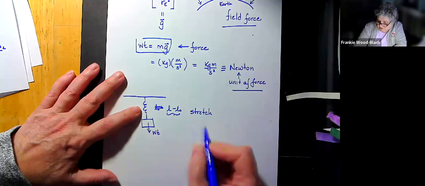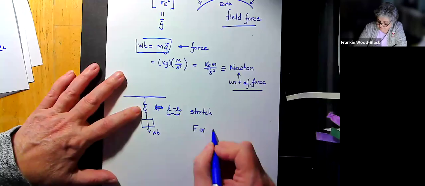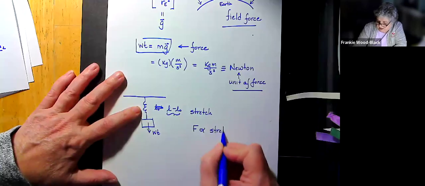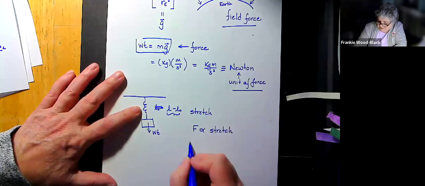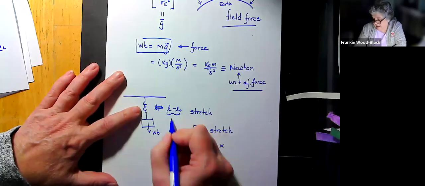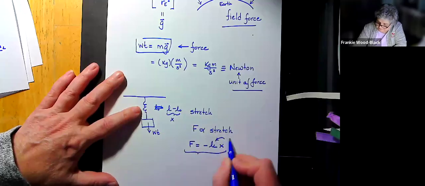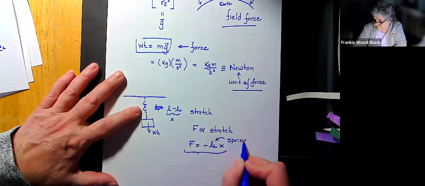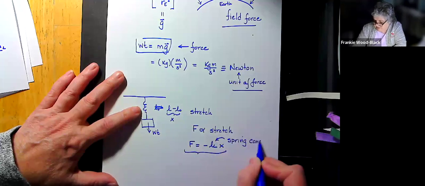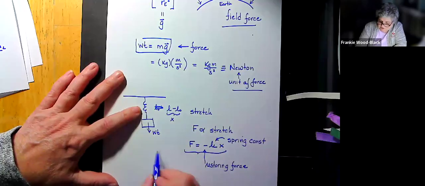He showed that the force was proportional to the stretch. And we can write Hooke's law as the force is minus some constant times the stretch, and we say that stretch equals x. And this is what we call a spring constant. This is because it's a restoring force. And it lets us look at forces due to springs.